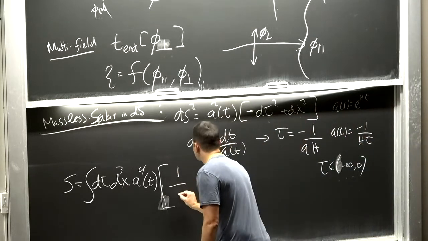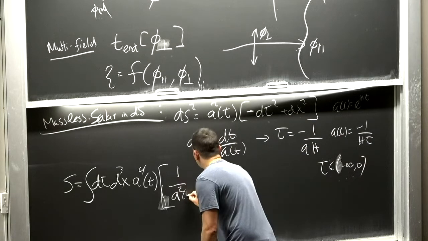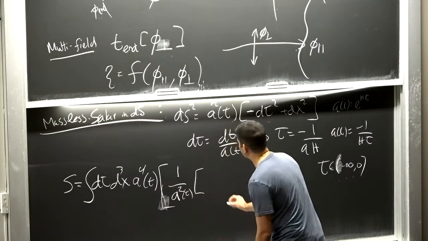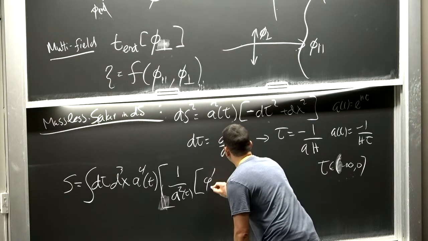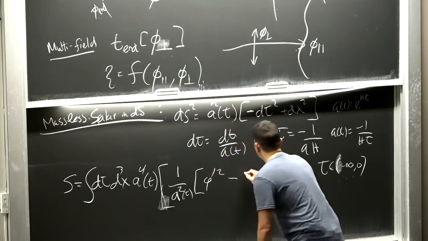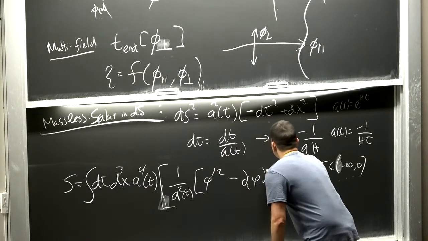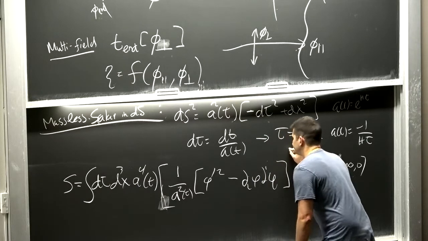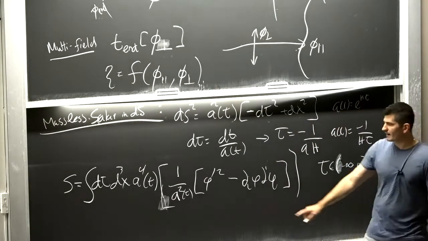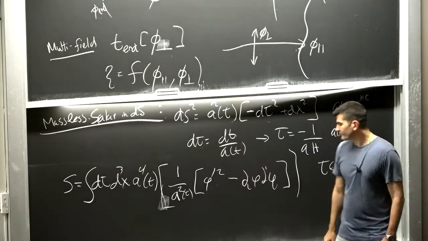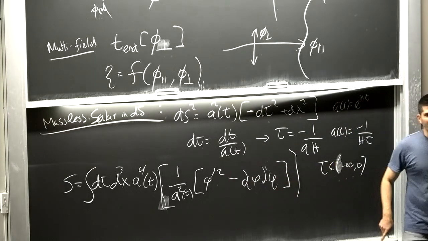And so I have to contract those with the metric. So I'll get a 1 over a squared when I put derivatives. And I'll have φ prime squared minus the gradient of φ squared, where prime is derivatives with respect to τ. And here I've contracted just with the Kronecker delta.